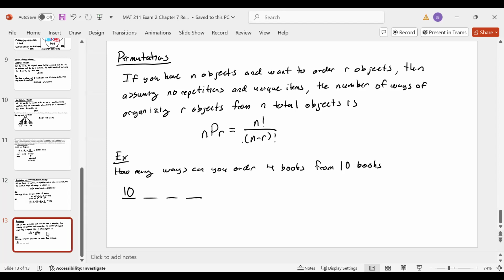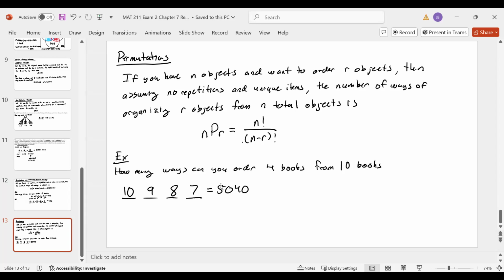I have 10 options. I've used a book. How many options do I have left now? 9. Okay, I've used the book. How many options do I have left now? 8. How many options do I have left? 7. Okay. So you can't do 10 factorial because 10 factorial would go all the way to 1. So effectively, the answer to this question is just 10 times 9 times 8 times 7. And we get 5040.